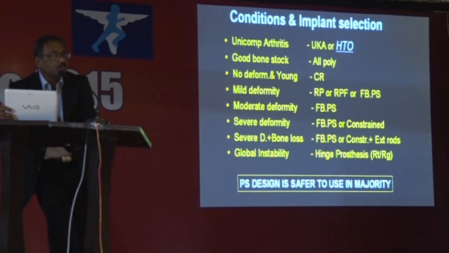If there is not much deformity, you can go fixed bearing as well. With moderate deformity, do not go for a rotating platform as clearly mentioned in the literature, but it is a controversial statement. I always prefer fixed bearing. With severe deformity, go for fixed bearing and a posterior stabilized design, avoid CR design.